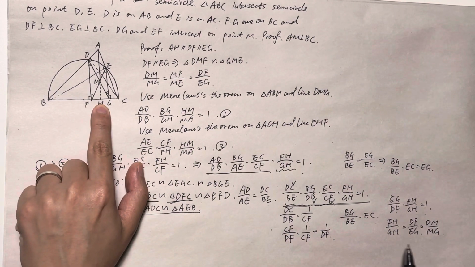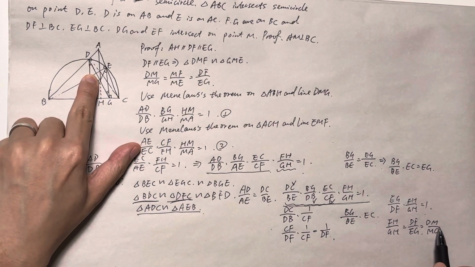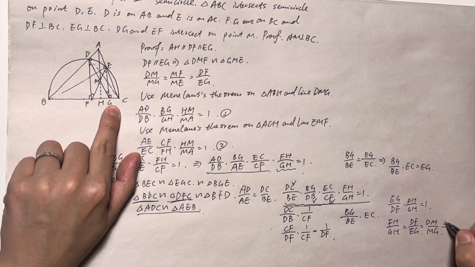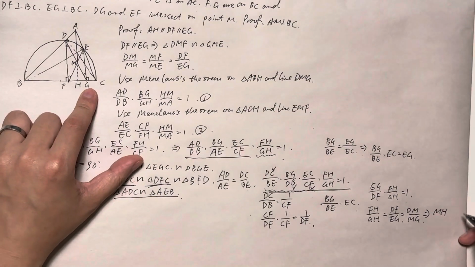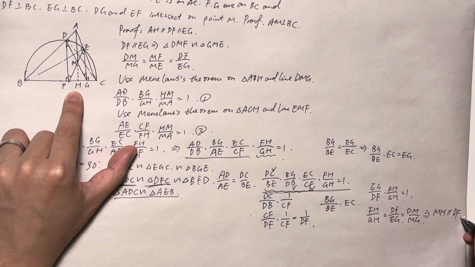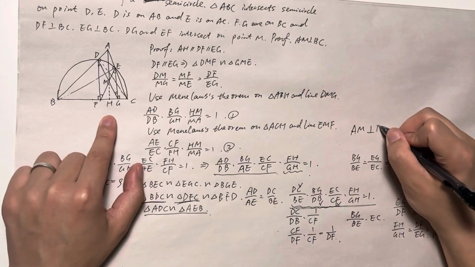So FH divided by GH equals DM divided by MG, which means MH is parallel with DF. So AM is perpendicular with BC.